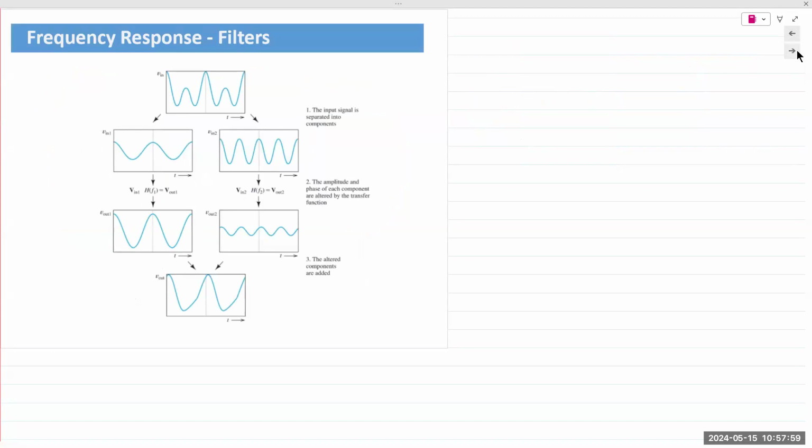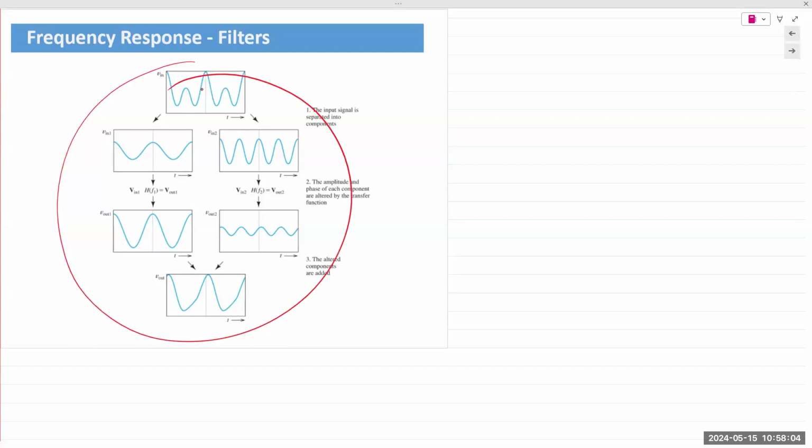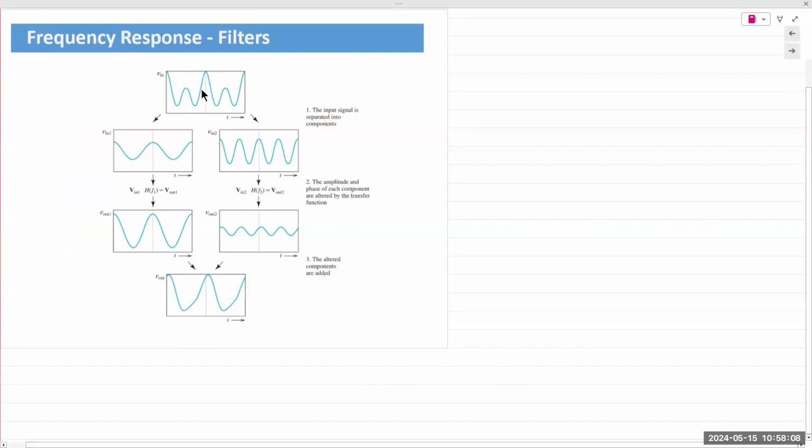In general, we can use the simplified diagram to describe what a filter might do. Signals are all around us, right? So this is, let's say, a simplistic representation of a signal that is comprised of two components, V in 1 and V in 2.